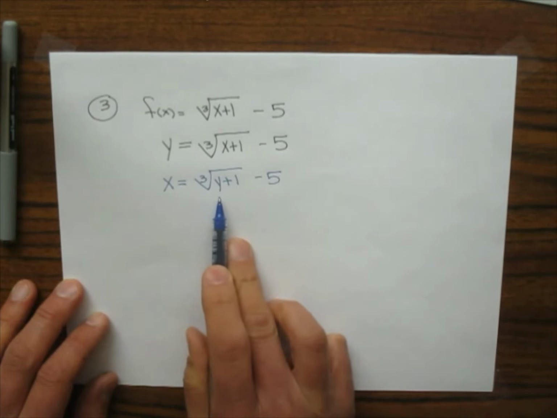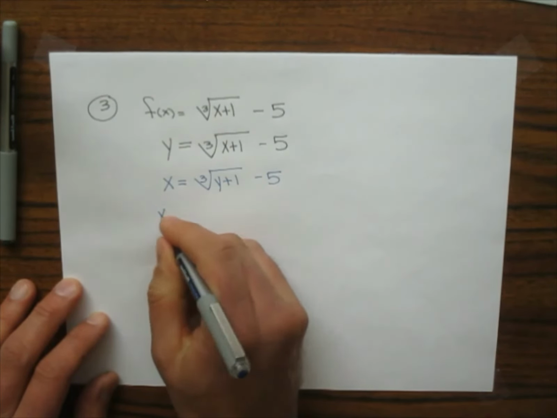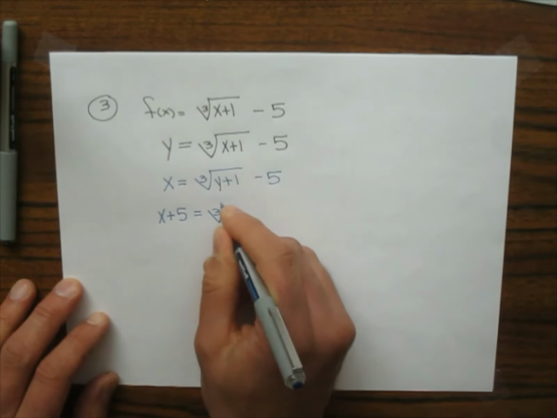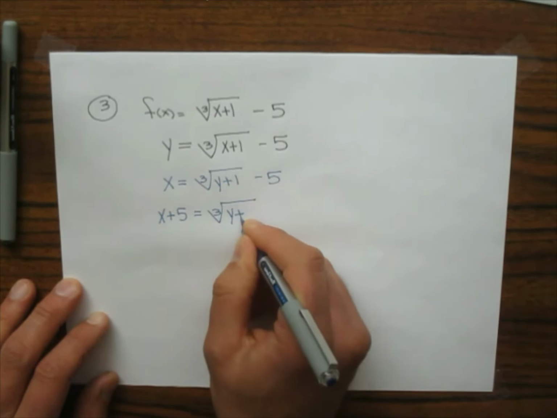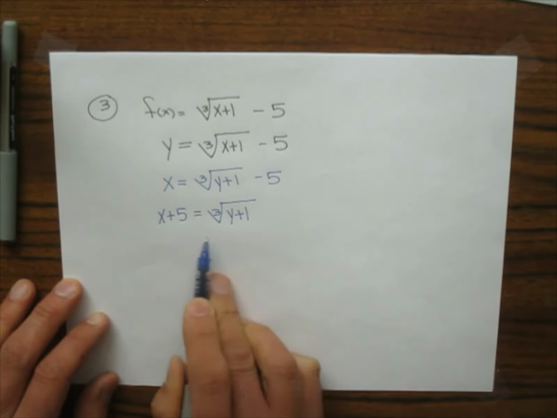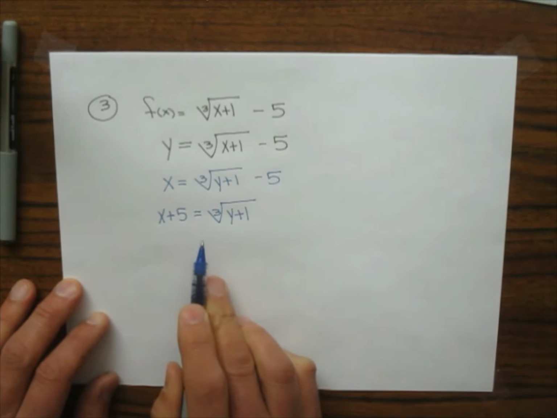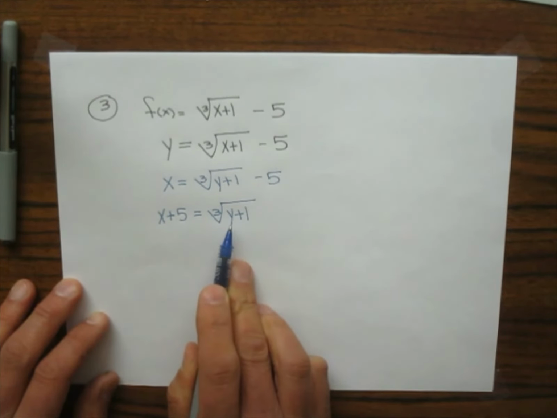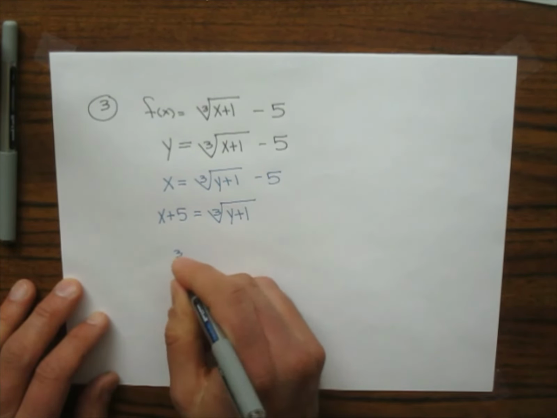So I'll add 5 to both sides. Now this is just a matter of preference, and I wanted to do it on the other equation earlier. I'm going to just switch sides and put the thing I'm solving for on the left-hand side.